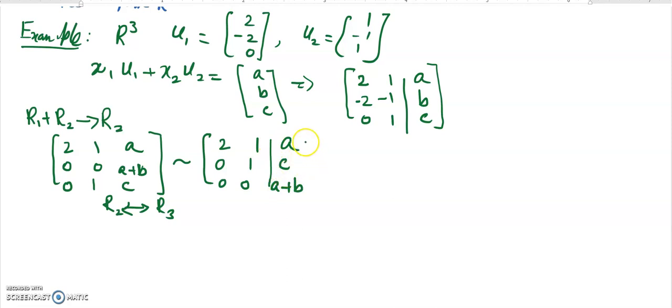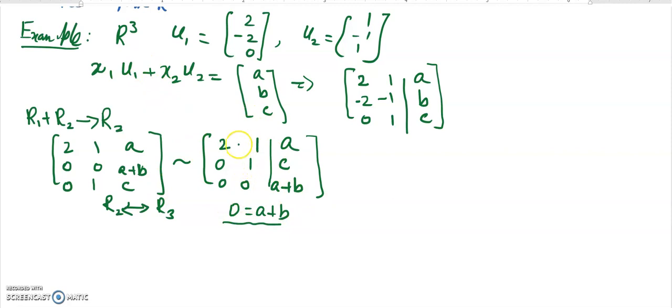So in this case, what we can see is that from the last row we don't get anything, because we get 0 is equal to A plus B. So this does not give any value of x1 and x2.